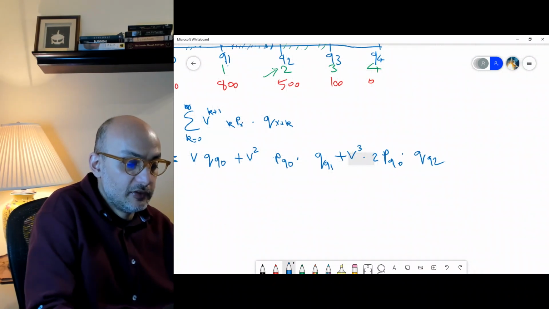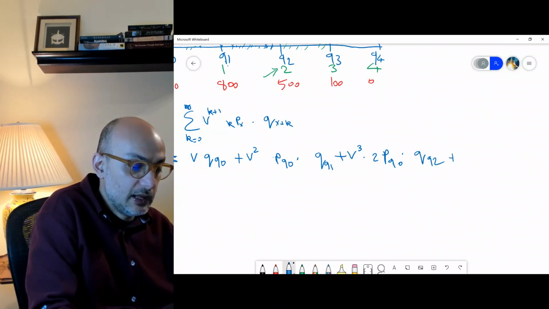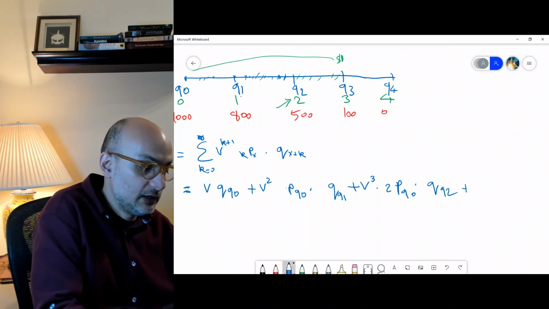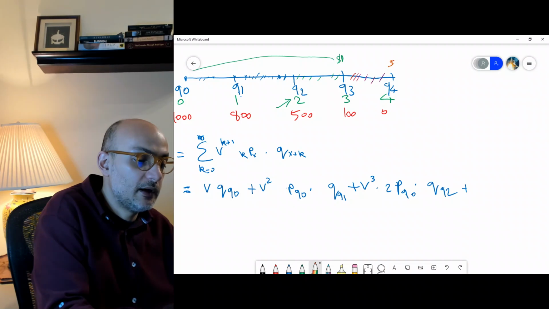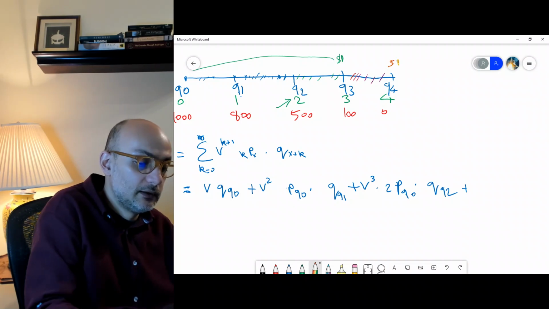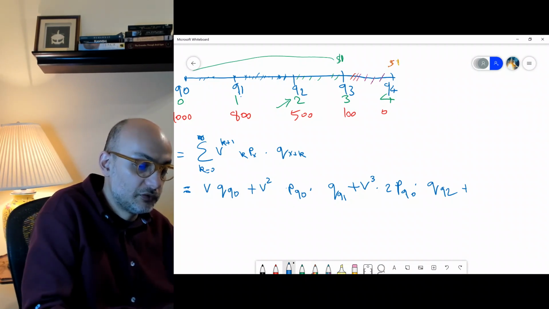Now the last term: death occurs, let's say, here. If death occurs here, the dollar amount will be paid here. So we have v to the 4th. And then the individual needs to survive to the beginning of year 93.